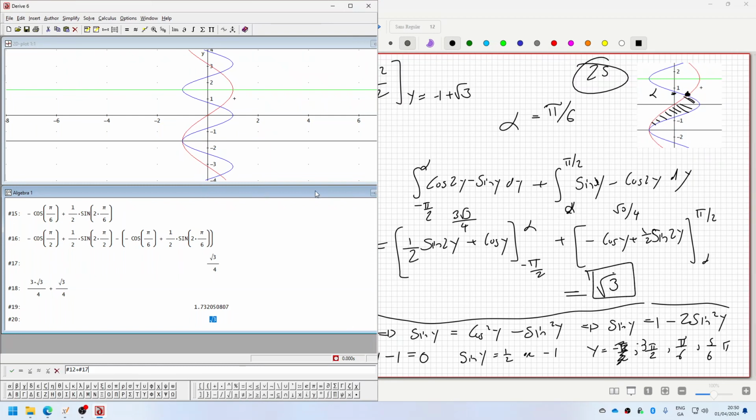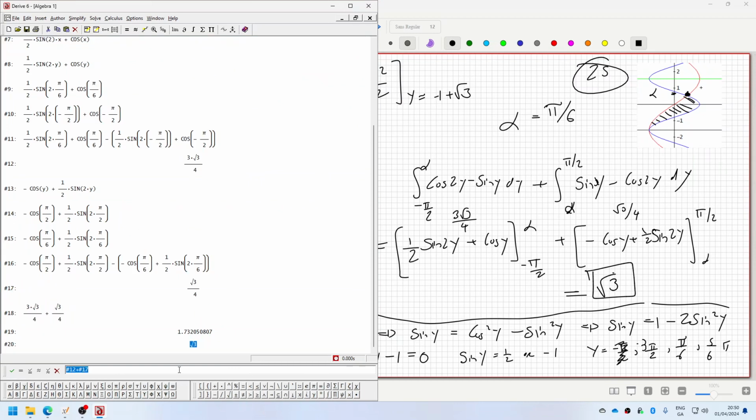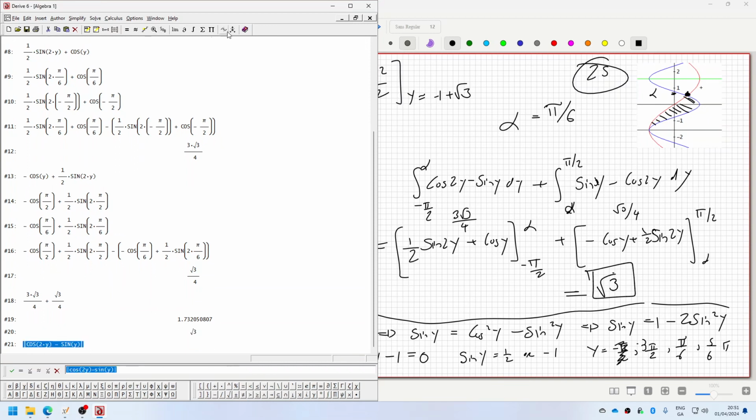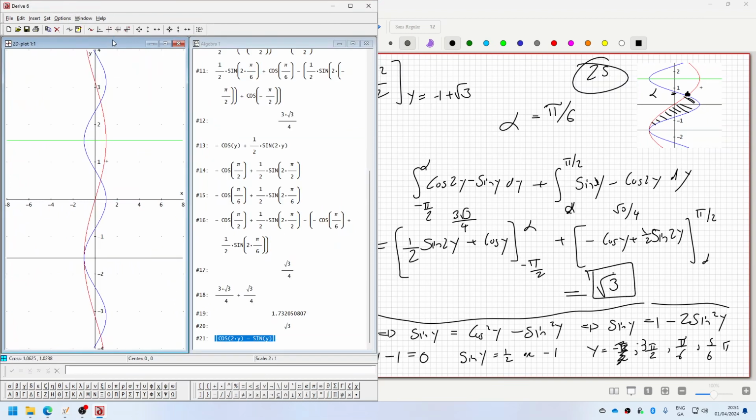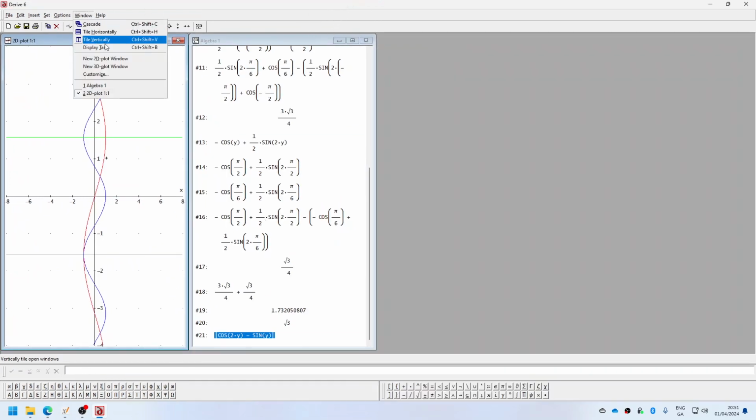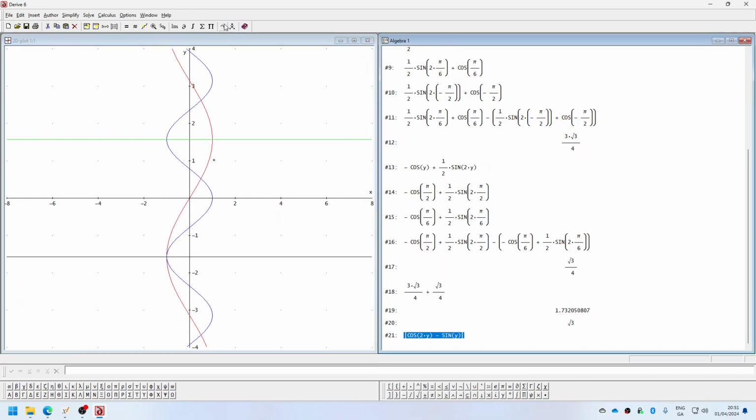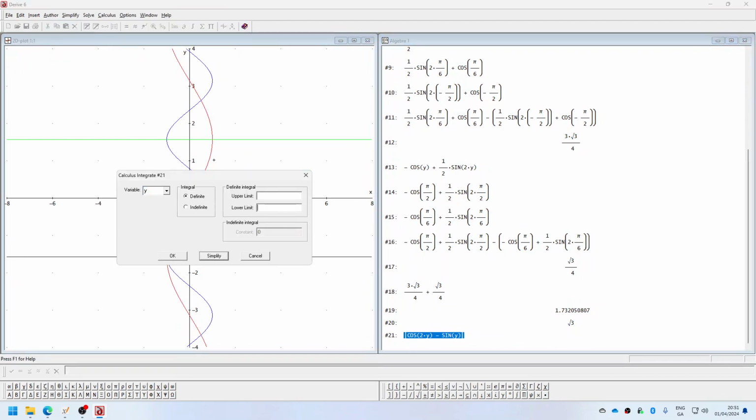Let me show you what I am talking about, why I think it's wrong. Because you can do this integration in one go if you want. If you type in absolute cos 2y minus sine y, and then integrate from minus pi over 2 to pi over 2.